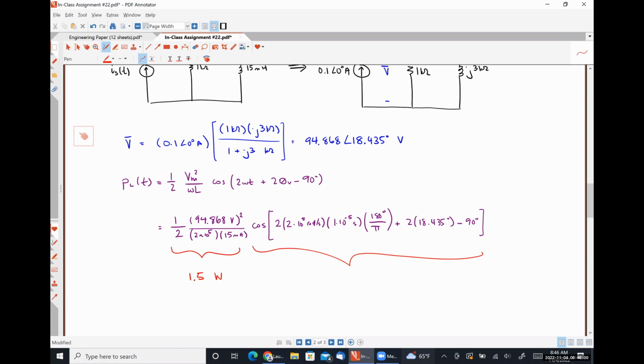So the cosine of 2 times 10 to the 5 times 1 times 10 to the minus 5 times 180 over pi plus 2 times 18.435 minus 90.